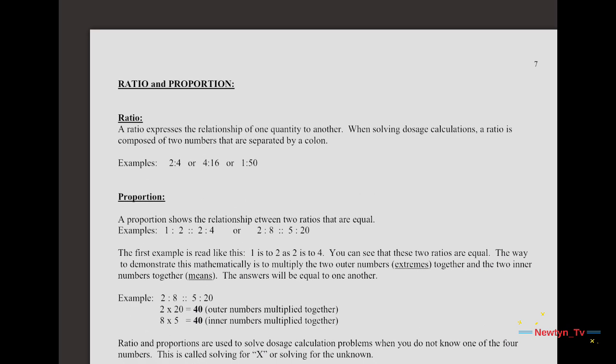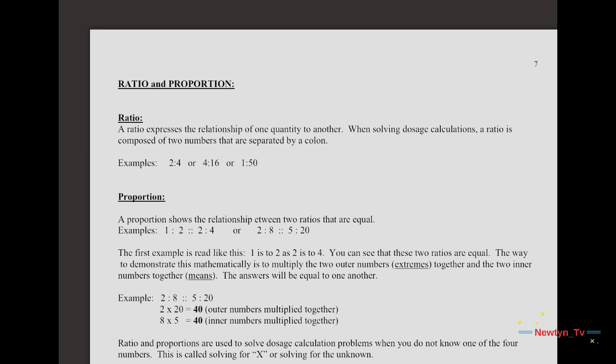With this one, we are going to talk about ratio and proportion, right? A ratio expresses the relationship of one quantity to another. When solving dosage calculations, a ratio is composed of 2 numbers separated by a colon, like what we have here: 2 is to 4, 4 is to 16, and 1 is to 50, right?